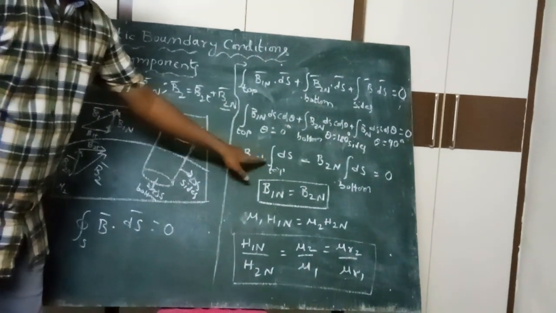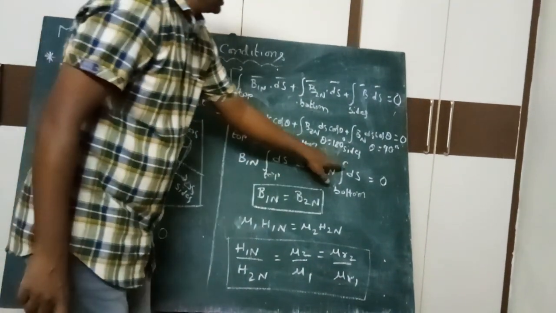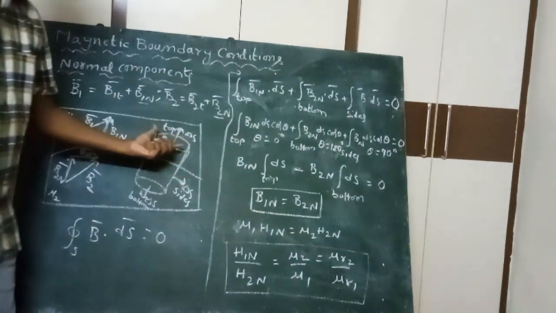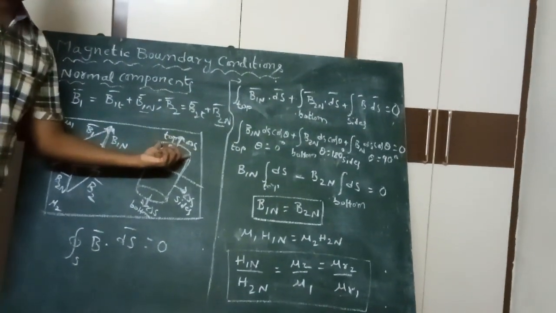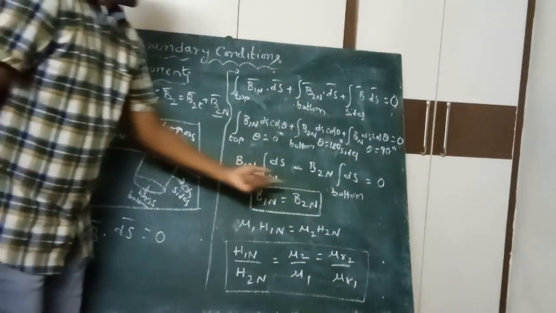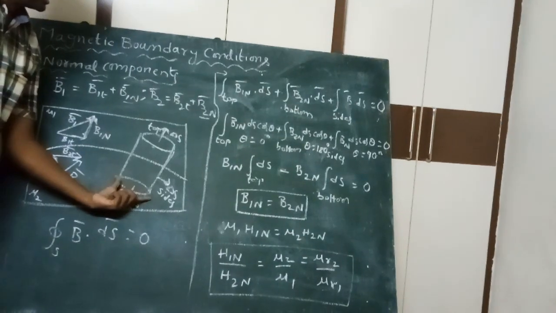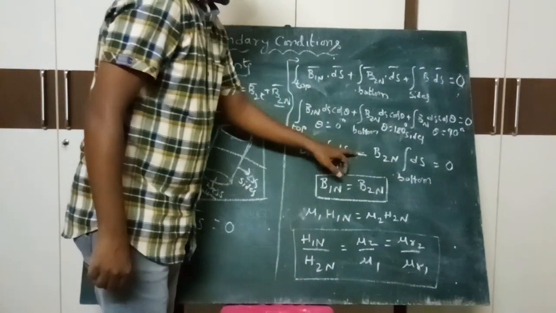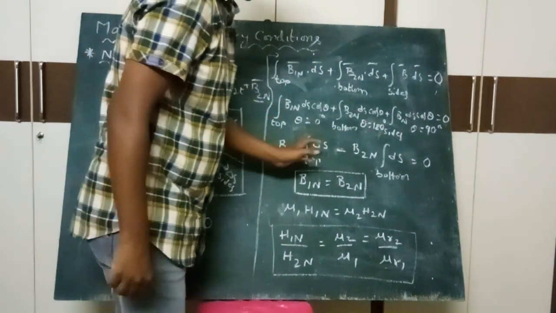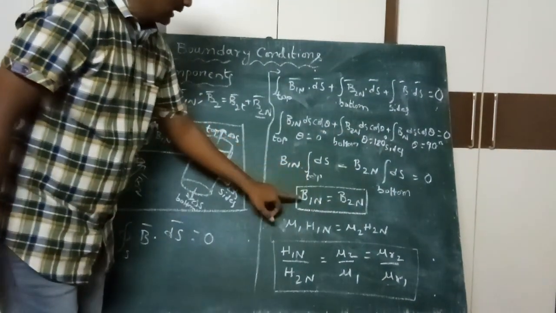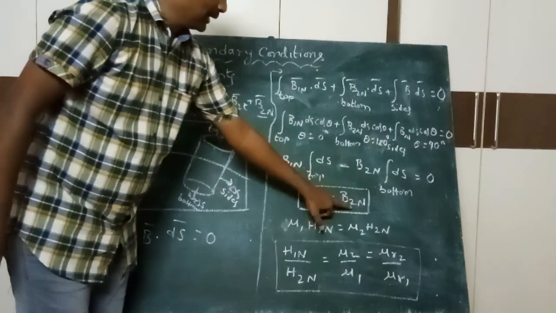So B1n integral dS minus B2n integral dS is equal to 0. The surface area of the top cylindrical surface is delta s, and the surface area of the bottom cylindrical surface is also delta s. So take delta s common and take it to the other side, then we get 0. From this we get B1n is equal to B2n.